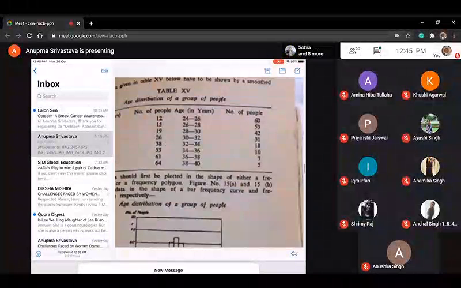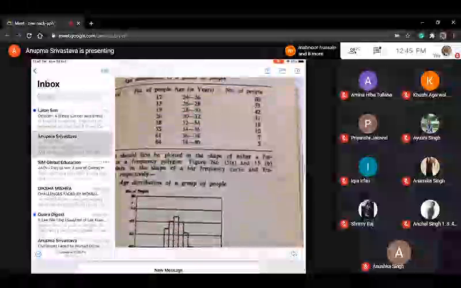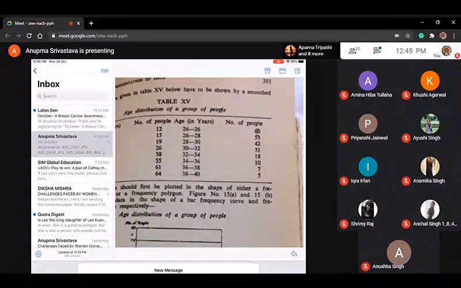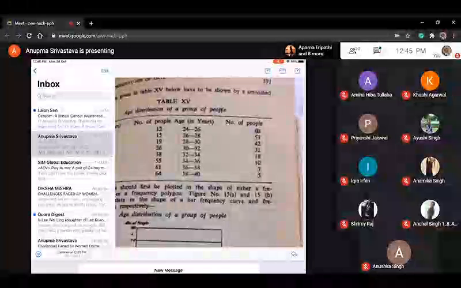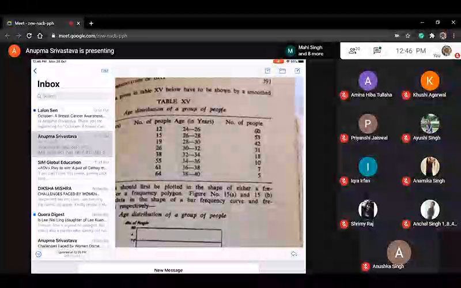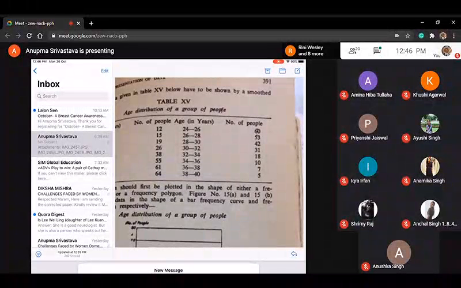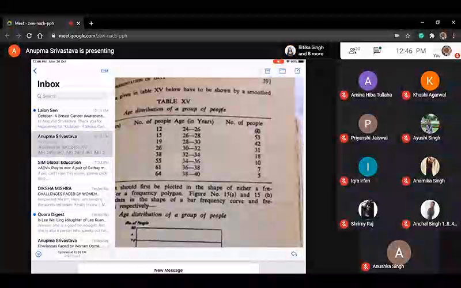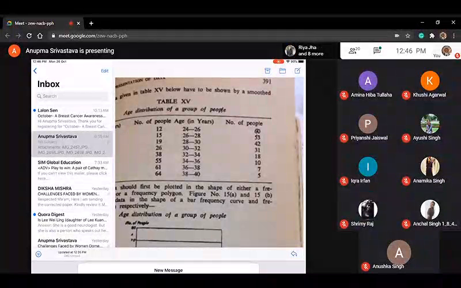Then this is an example of, say, age distribution of a group of people, and you have class intervals and you have the frequency here. So say we start with 8 to 10, you can write it as age in years, and say start from 8 to 10. So taking a difference of 2, you can write the class intervals here, 8 to 10, 10 to 12, 12 to 14, and so on till 22 to 24.